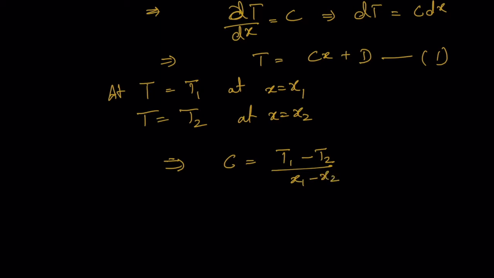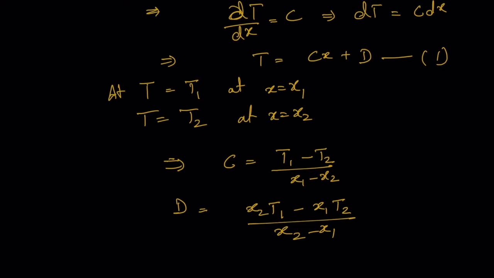Okay, and d value you will get x2 into T1 minus x1 into T2 divided by x2 minus x1. You can solve this, right? You will get c and d value.